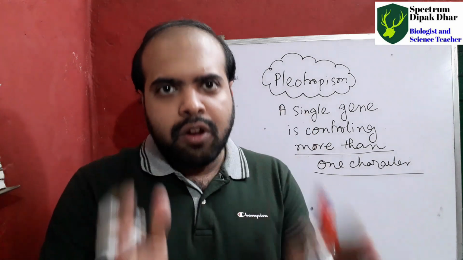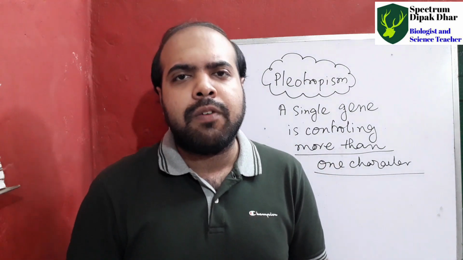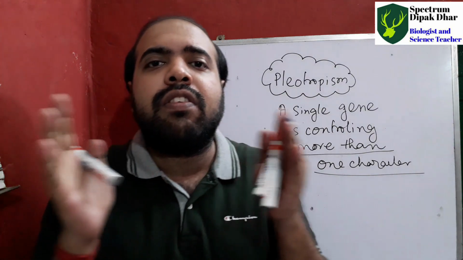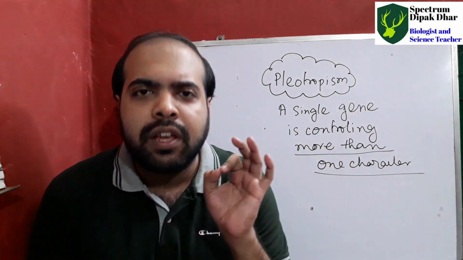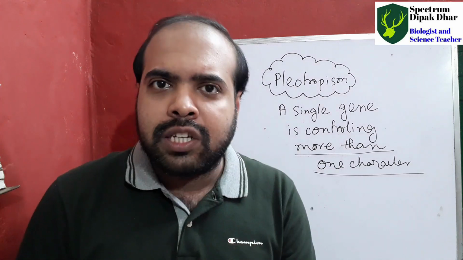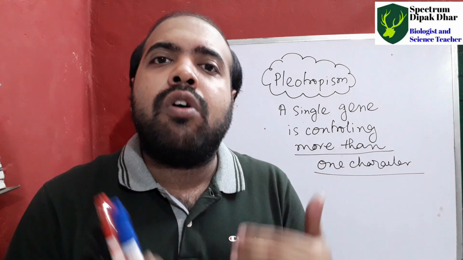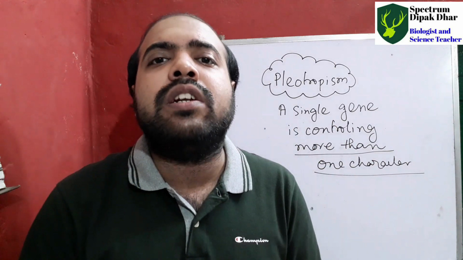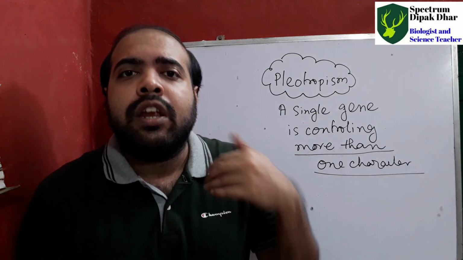Now according to different scientists, the pleiotropic effect can be classified into two different types. One is the major effect and the second one is the minor effect. That means the pleiotropic gene controls mainly a single character, but it also controls the expression of other phenotypes.